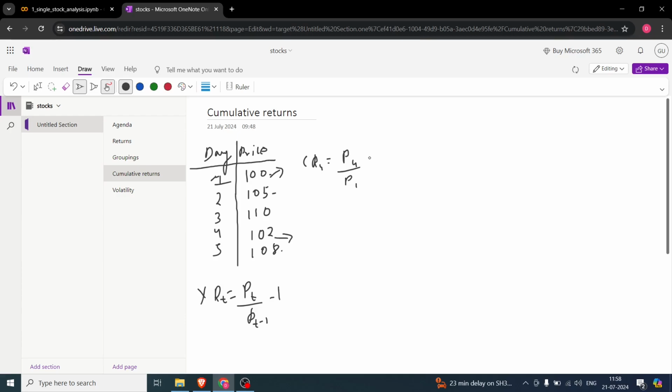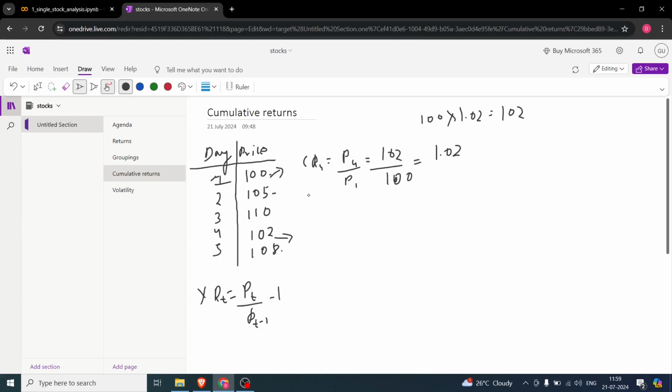Let's say on the fourth day it was 102. So 102 divided by the price on the first day, that's 100. So this will be 1.02. If you invested $100 on the first day, you will multiply it by 1.02 and get $102 on the fourth day.